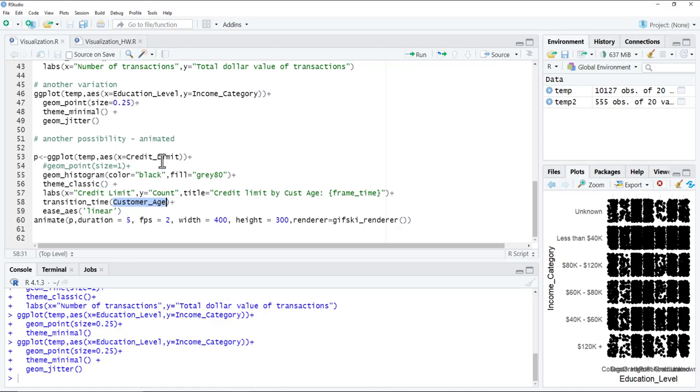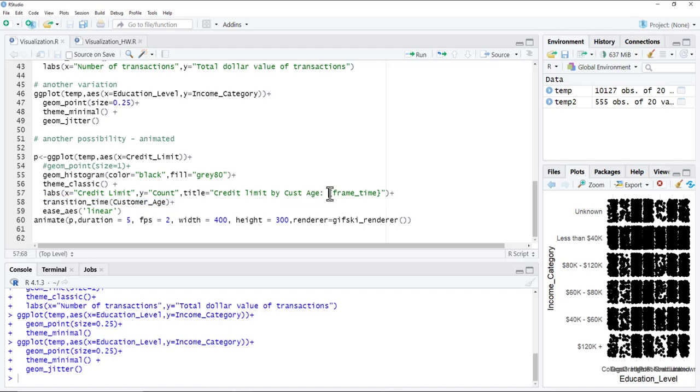So we're doing just the histogram for the credit limit, and you can do this with any type of plot. Well, we're going to go through customers by age. So it's going to start with the lowest age, go to the highest age, and do a histogram of the credit limit for each age. Transition time is telling it, when it goes from one plot to the next, how it is creating that plot.